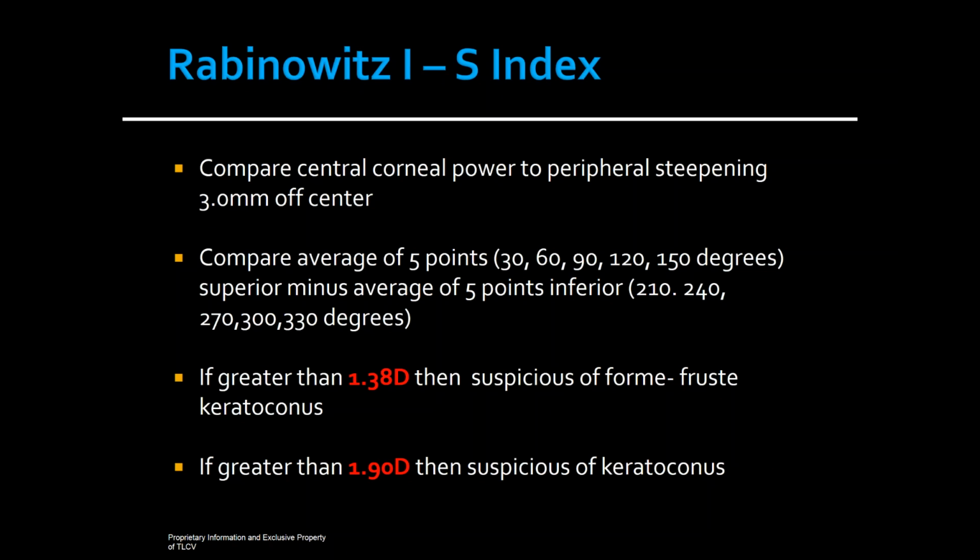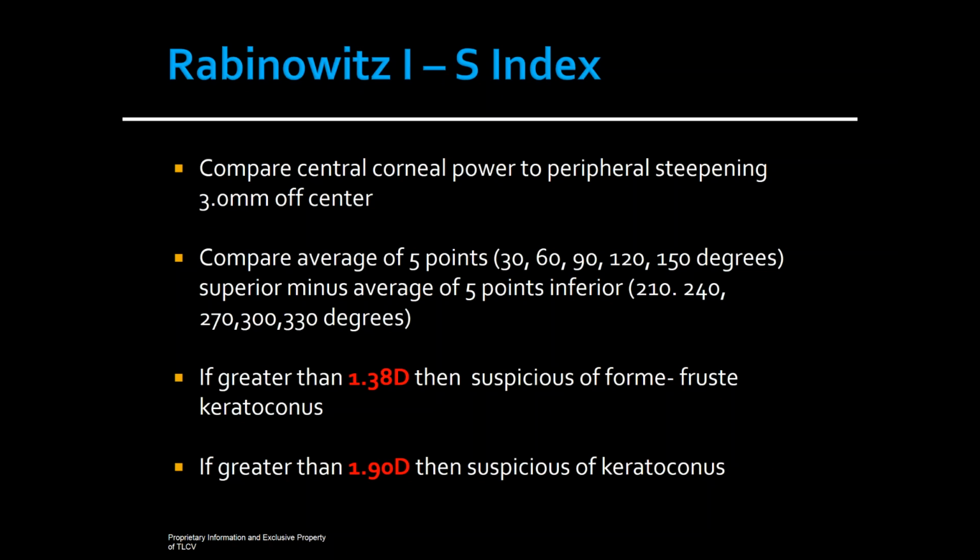What we simply do with this comparison is we look at an axial map, and we look 3 millimeters off center, and we choose 5 points 3 millimeters off center superior, and that's typically at 30, 60, 90, 120, and 150 degrees. We add them up and average them, and then we take 5 points inferior at the corresponding values. We add those up, we average them, and then we divide them by each other.